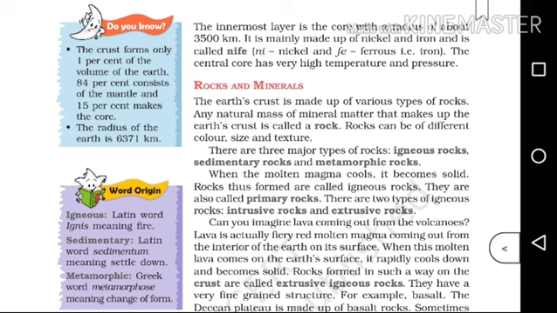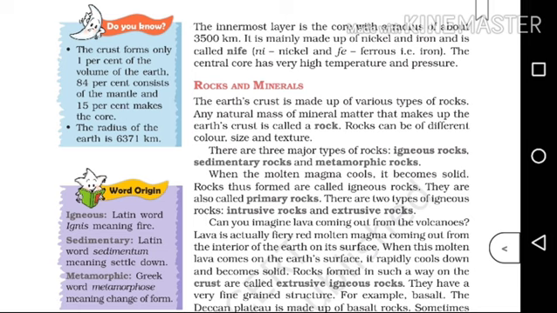Do you know? The crust forms only 1% of the volume of the Earth. 84% consists of the mantle and 15% makes the core. So, we know that crust, which is the outermost layer of the Earth, has only a small thickness, isn't it?